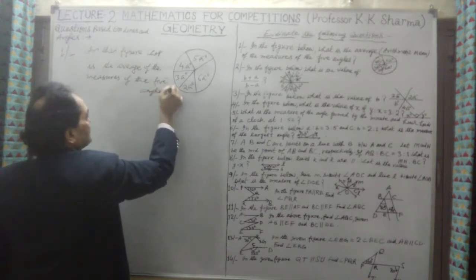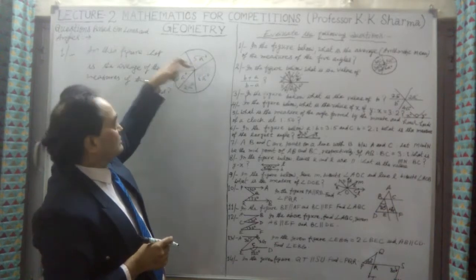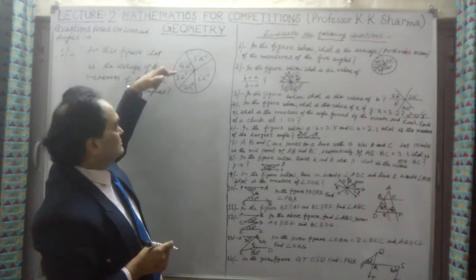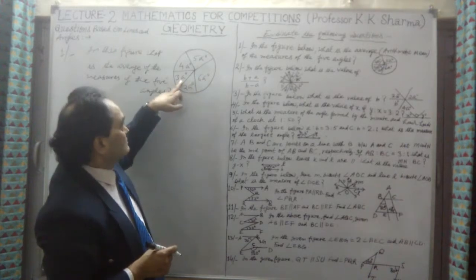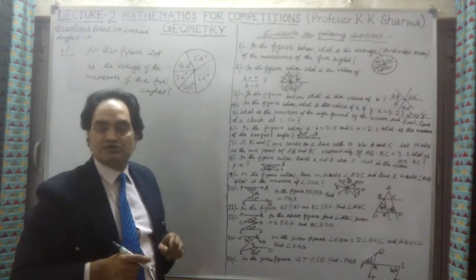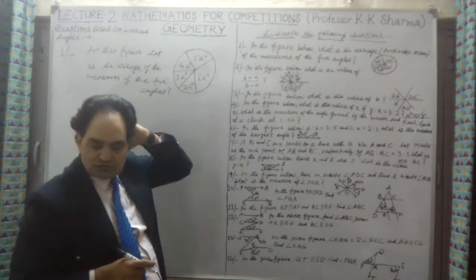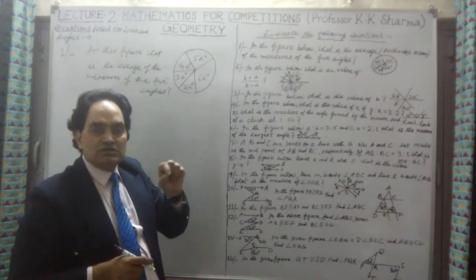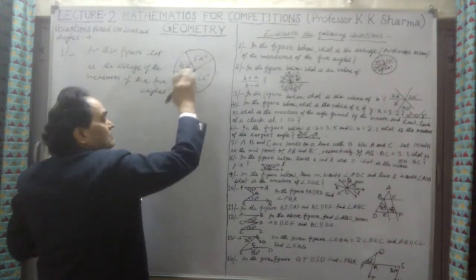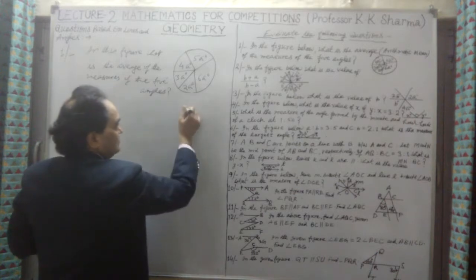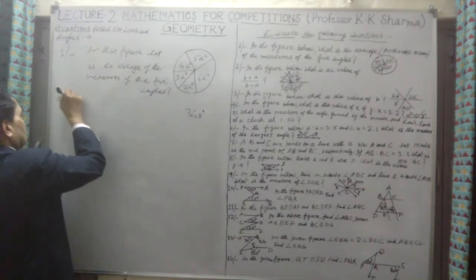Here the 5 angles are 6A one angle, 5A second angle, 4A third angle, 3A the fourth angle, and the fifth angle 2A degrees. Now we know the sum of all the angles at a point. The sum of all these 5 angles is 360 degrees. Let me take the solution.